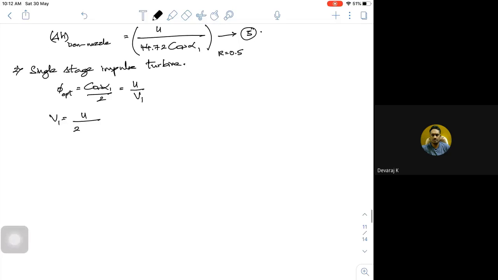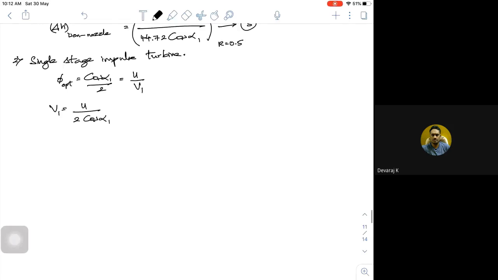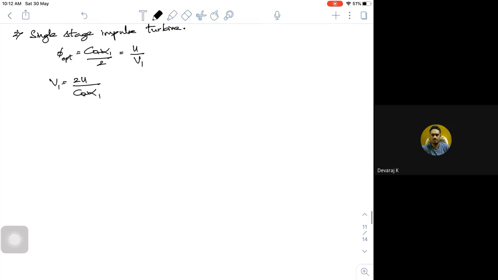V1 is equal to U by 2 cos alpha 1. So this 2U divided by cos alpha 1 is equal to 44.72 into the square root of delta H isentropic of the nozzle.